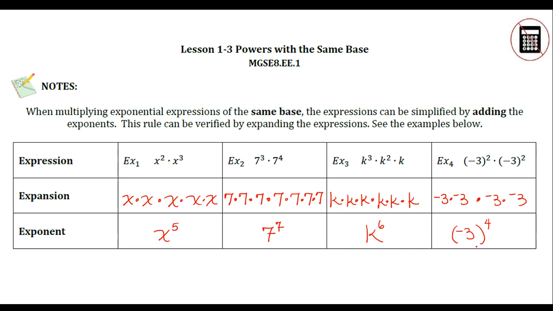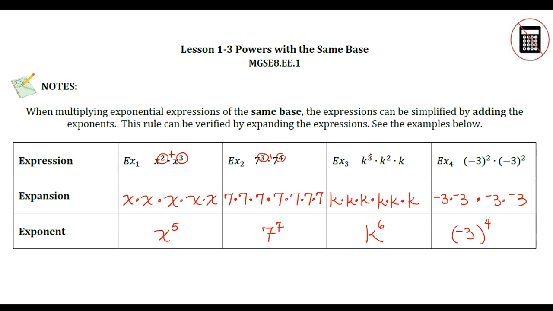So let's look to see if we see a pattern happening here. X to the fifth, you can see that we had 2 x's being multiplied, and then it's multiplied by 3 more. So we just added the exponents. Here you can see 3 plus 4 is 7, and we got 7 to the seventh.